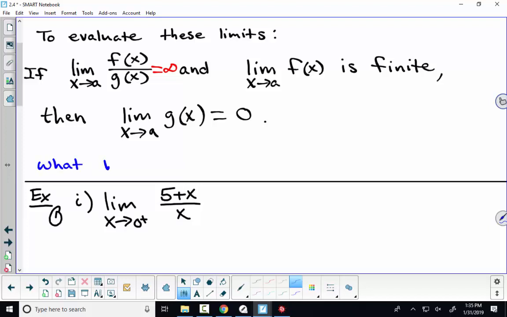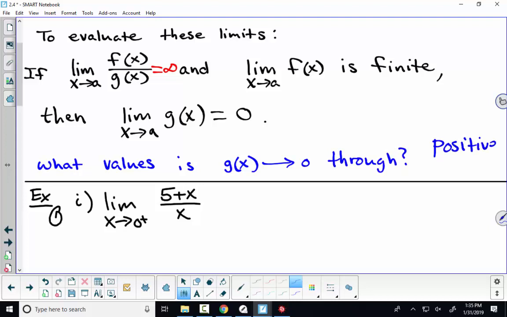What values is g of x approaching 0 through? Are they positive or are they negative?